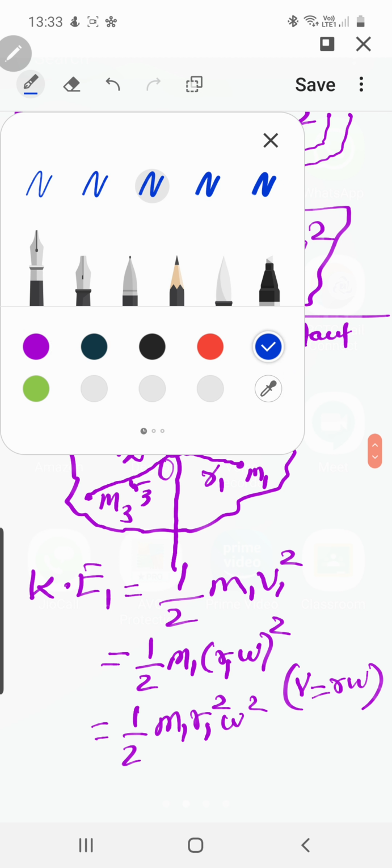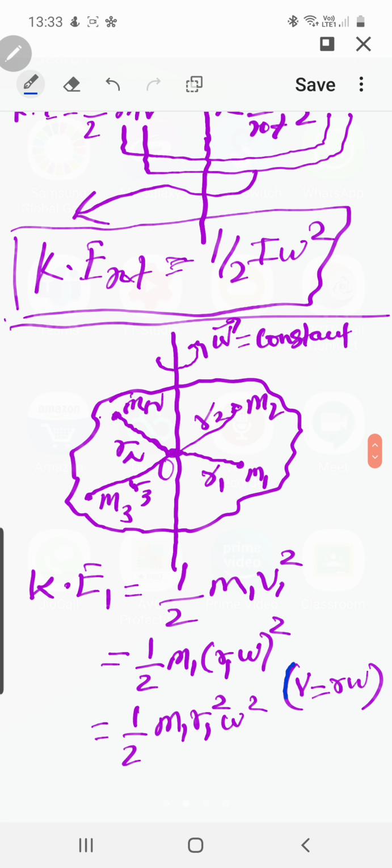We are substituting v is equal to r omega here.